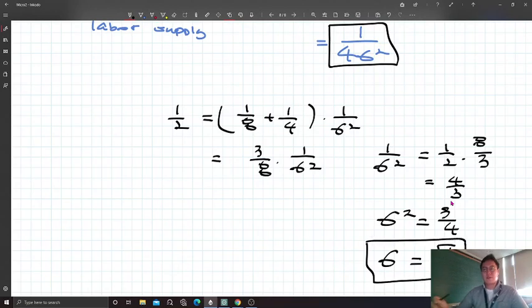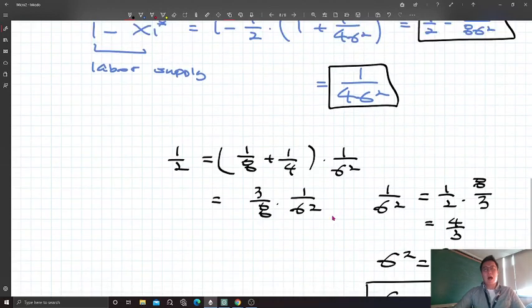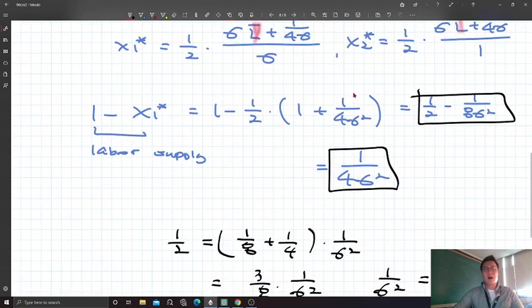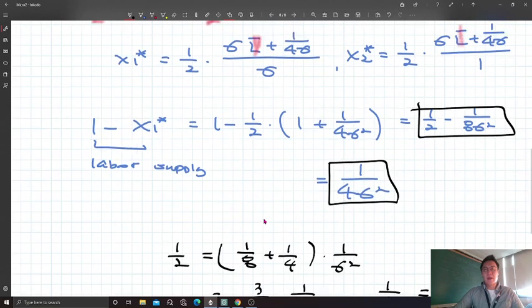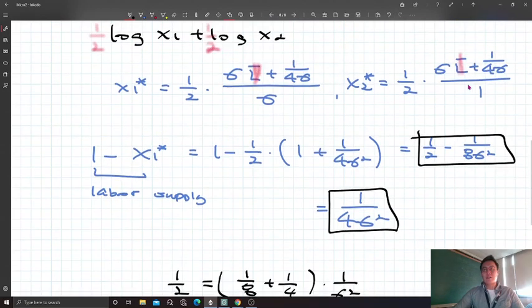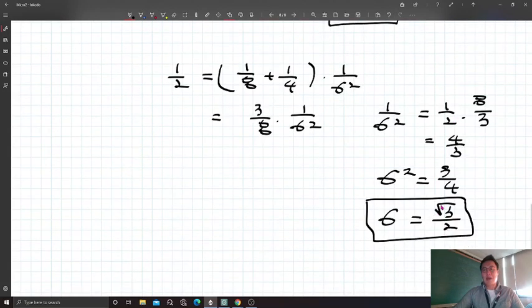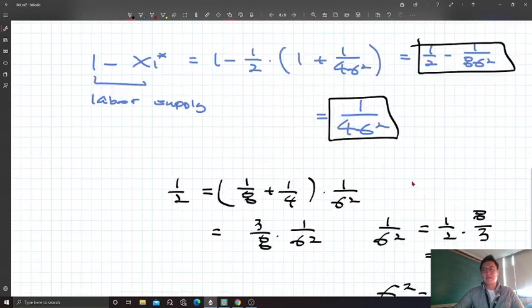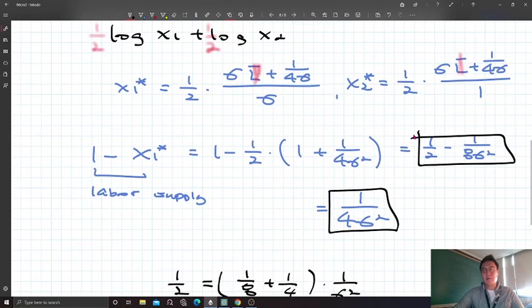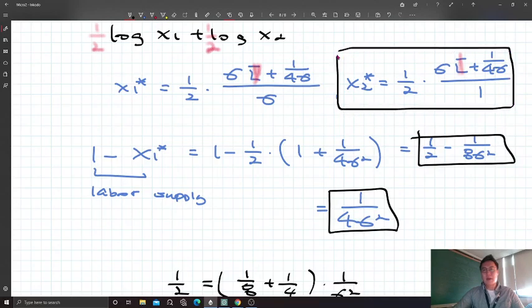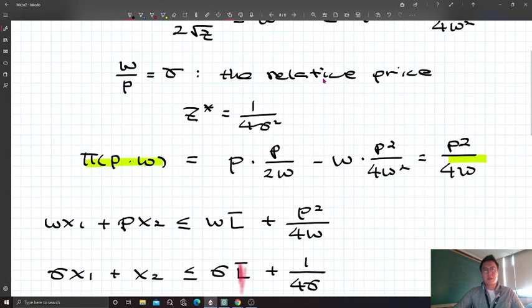All right, so we found the equilibrium price which clears the labor market. And similarly, we can check whether that price, that sigma, clears the market for the good. So now this is the demand for the good, and where is the supply?